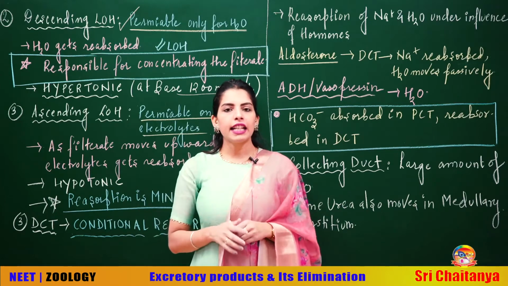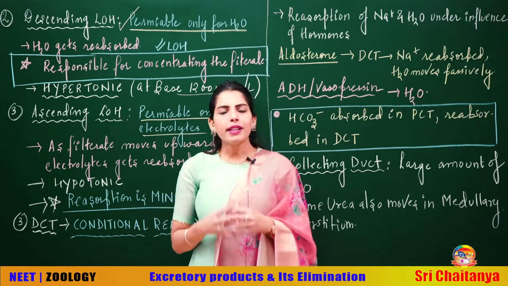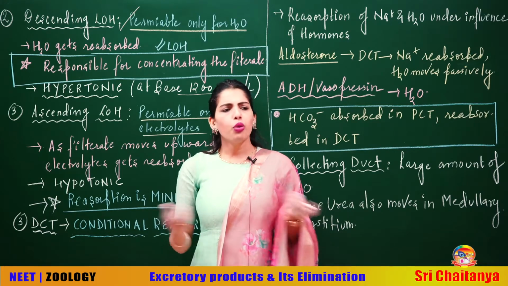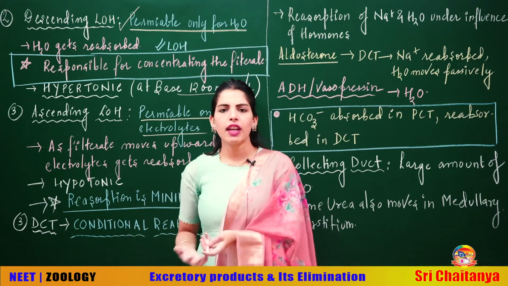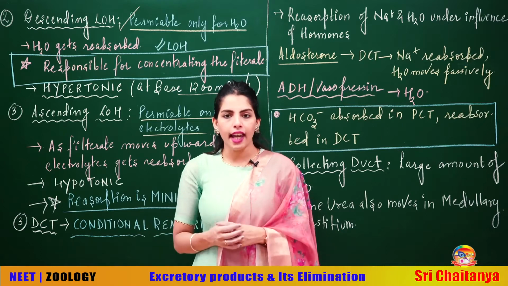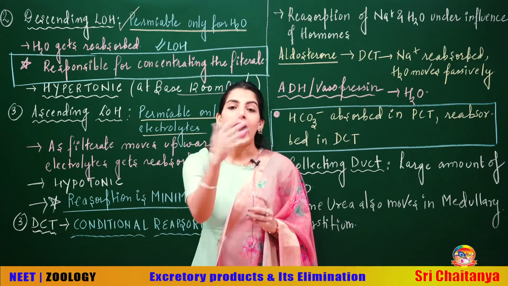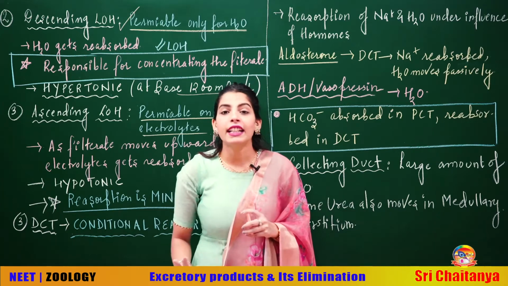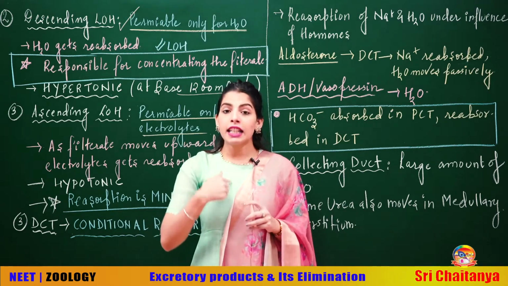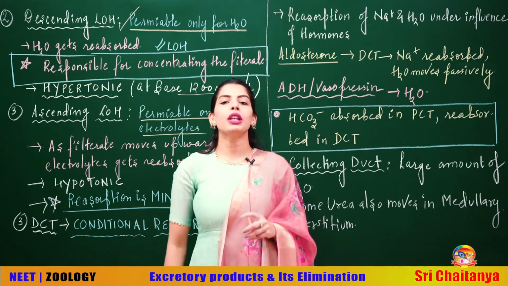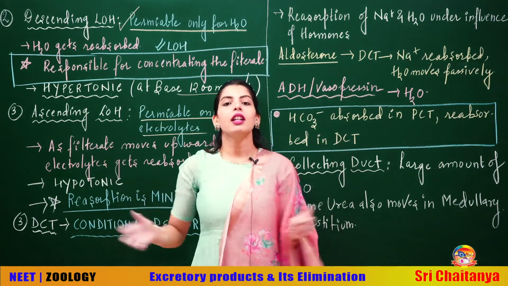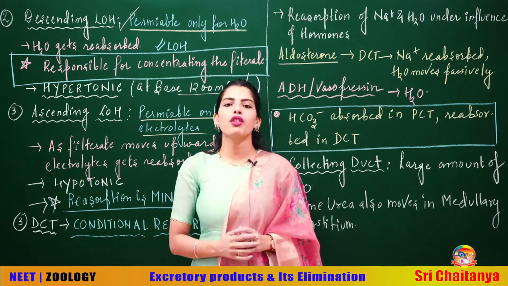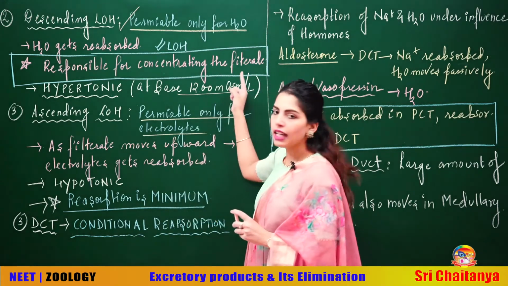You can easily relate it with the animals which do not need to conserve a lot of water, living in an environment where a lot of water is there. Their loop of Henle is either absent or very reduced because they don't need any concentration, but we need to concentrate the urine because we need to conserve water. So the loop of Henle plays the most important role in concentrating the filtrate.